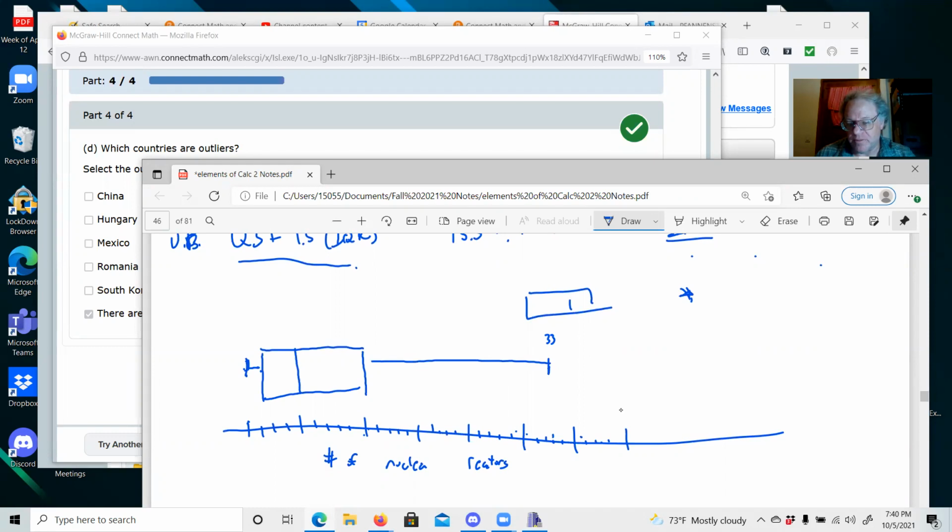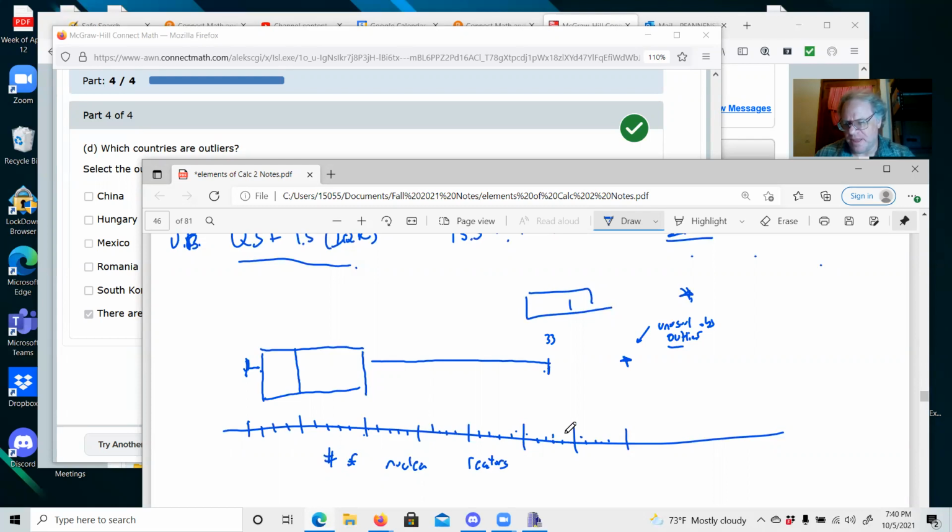Again, if there was one of 35, or rather a 41, we would still stop the whisker here. We would do this, and this would be an outlier or unusual observation. I'm not sure in the quiz if I said it was unusual or an outlier. They are both, but I like to use the word unusual observation because with outlier, people tend to want to dismiss them for some reason.